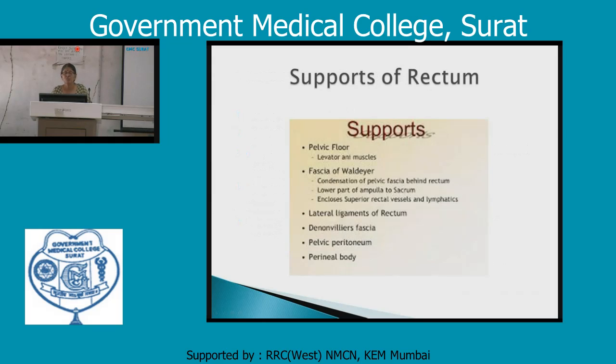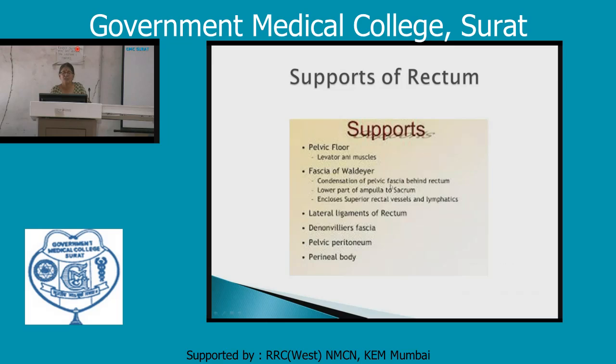Supports of the rectum are very important, otherwise the rectum will prolapse from its position. The pelvic floor, the levator ani muscle, supports the anorectal junction, especially the puborectalis. Then there is condensation of fascia all around, the fascia of Waldeyer, a condensation of pelvic fascia behind the rectum, which connects the rectal ampulla to the sacrum.